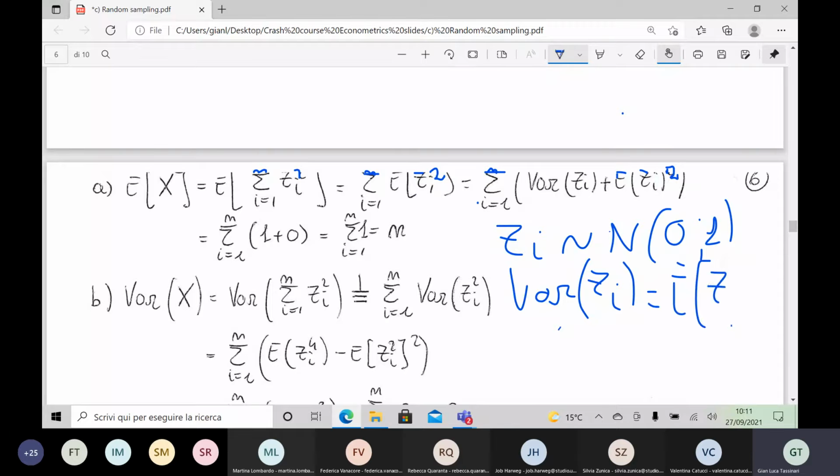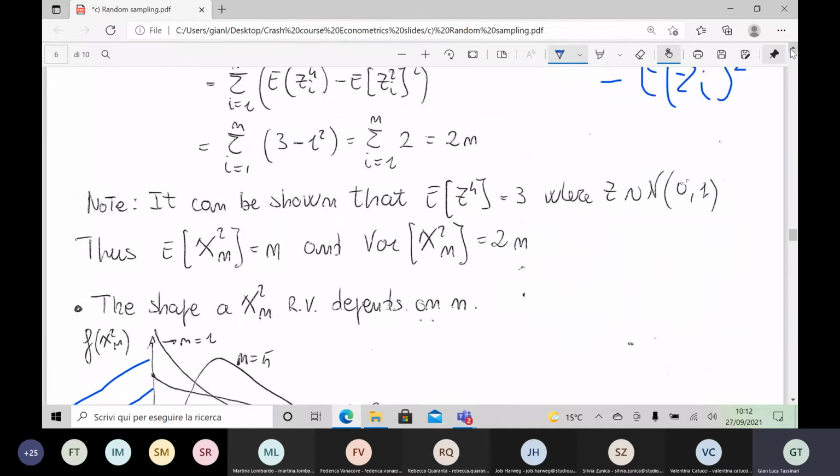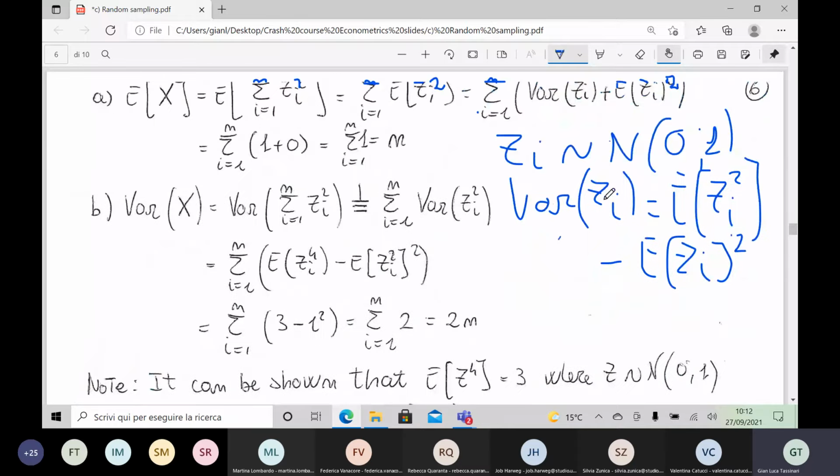Of the random variable squared, expectation of zeta i squared, minus, I do not have space so I go below, the expectation of zeta i, then raised to the power 2. So the variance of zeta i is the expectation of zeta i squared minus the expectation of zeta i, then raised to the power 2.